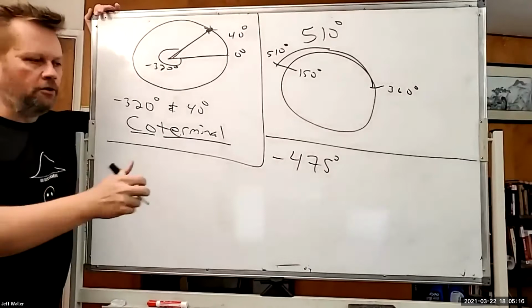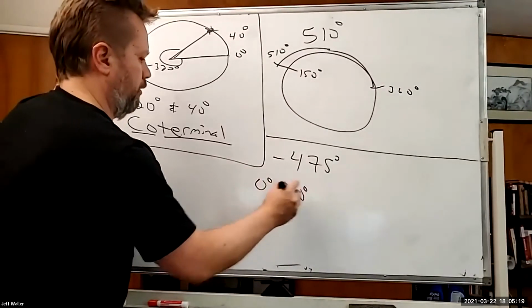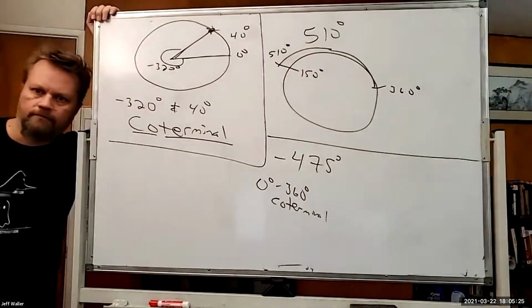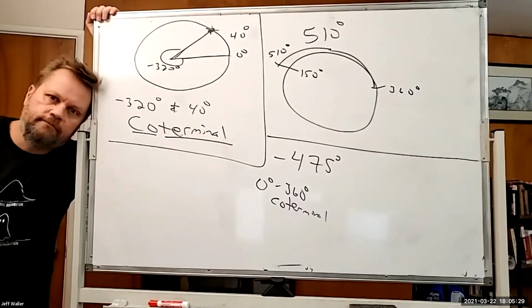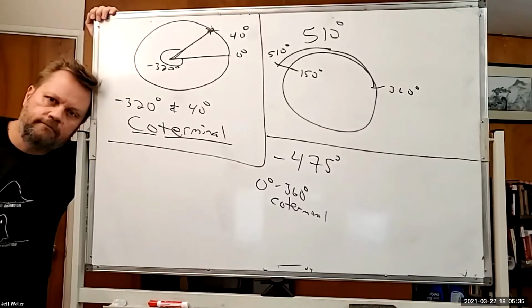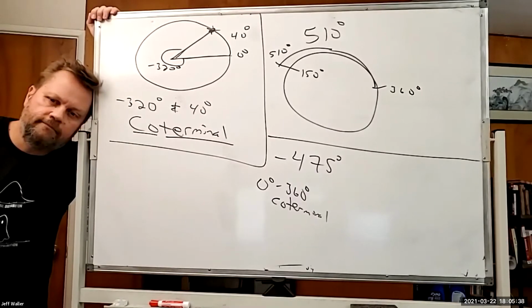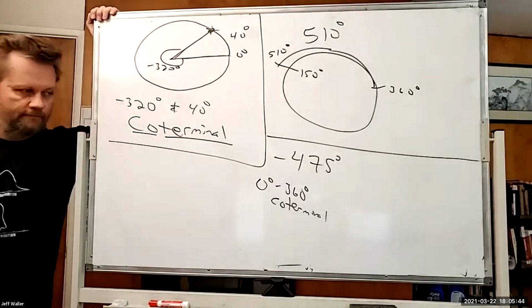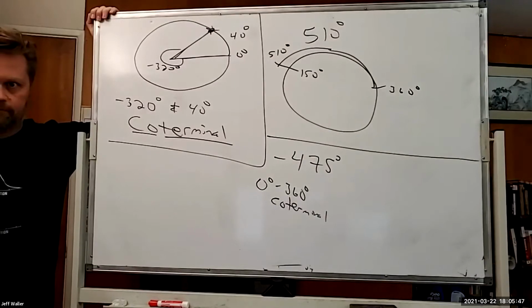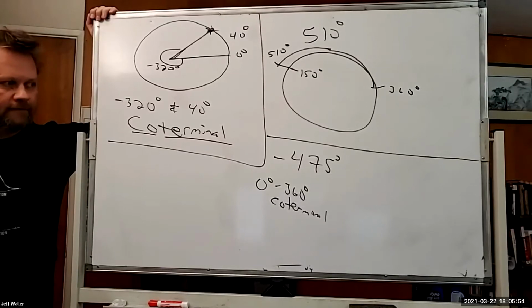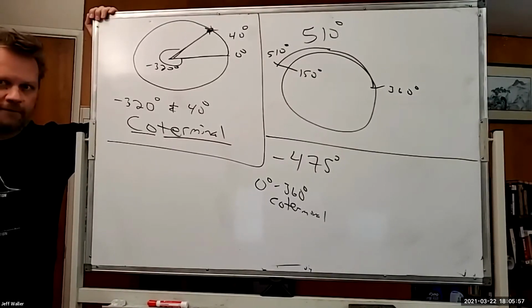Find an angle between 0 and 360 that is coterminal with that. 145. Maybe. Let me see. Anybody agree?